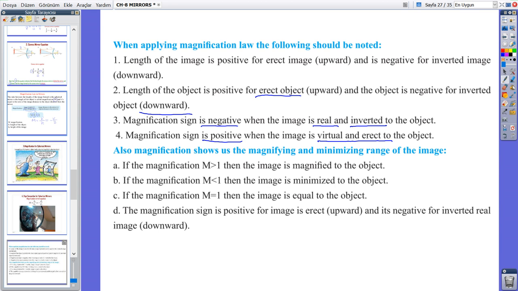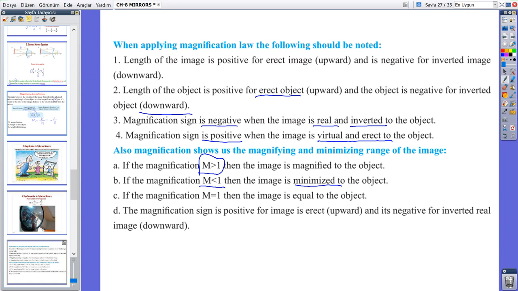If magnification is bigger than 1, then the image is magnified compared to the object, and if magnification is smaller than 1, then the image is minimized, smaller than the object.